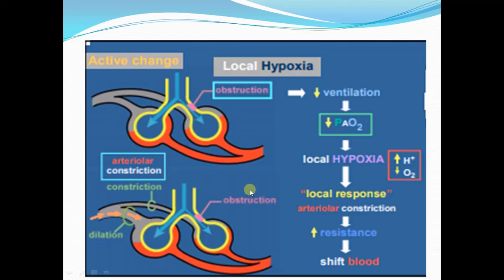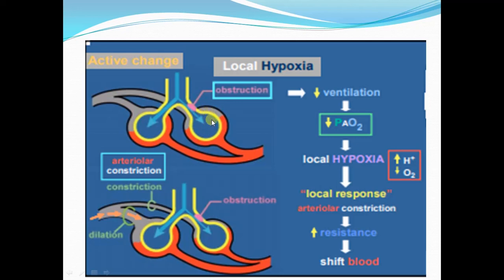And this is the diagram showing us the significance. So this is one alveolus, this is another alveolus, and in the surrounding is their blood supply. You can see here. Now what happens is that if there is some obstruction here in the airways, it will decrease the ventilation of this alveolus.